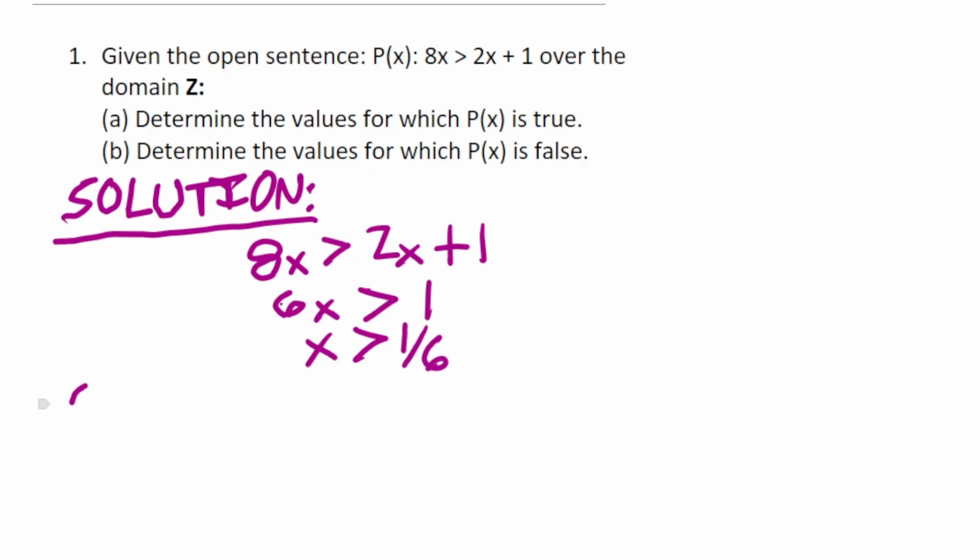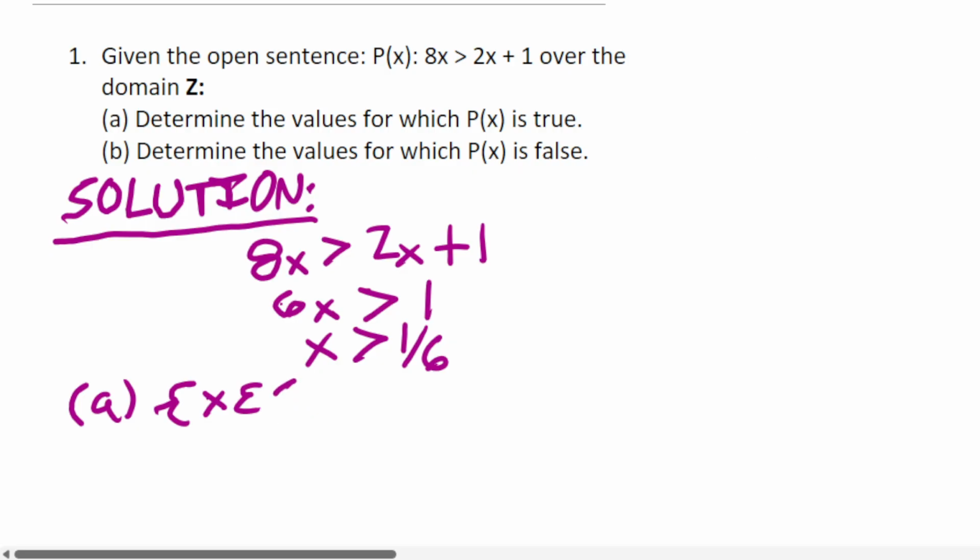So the values for which this is true, we can just write this in the form of a set where x is an integer, rational number, because 1 over 6 is not an integer.